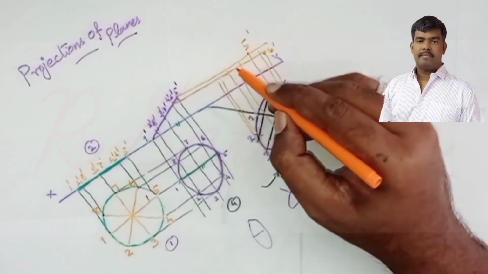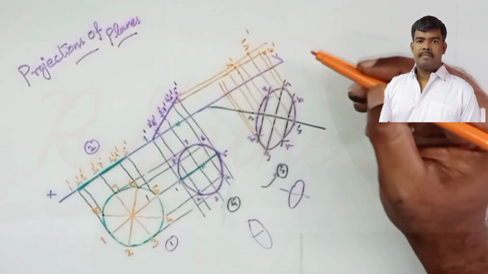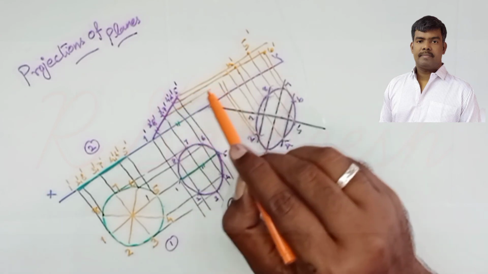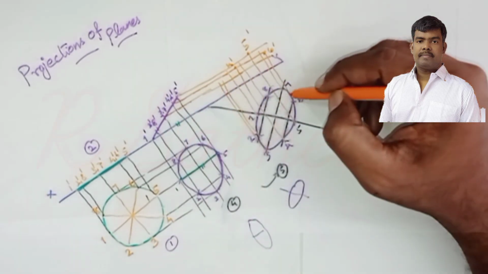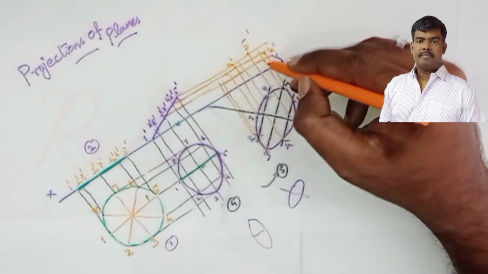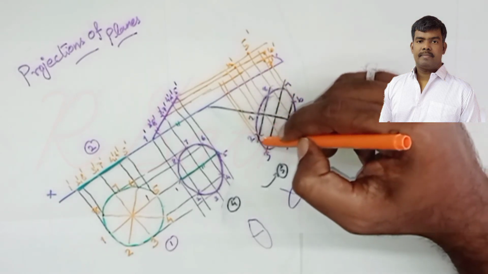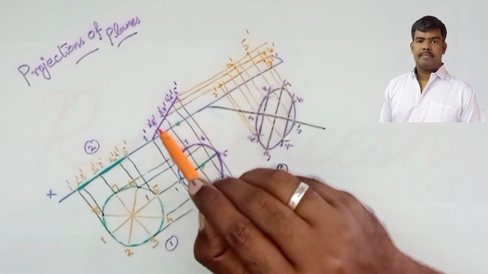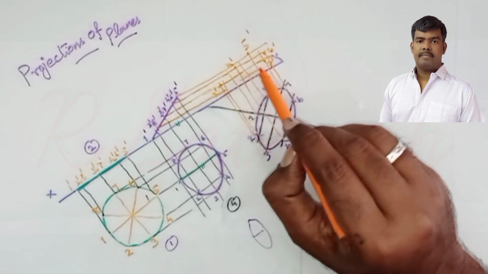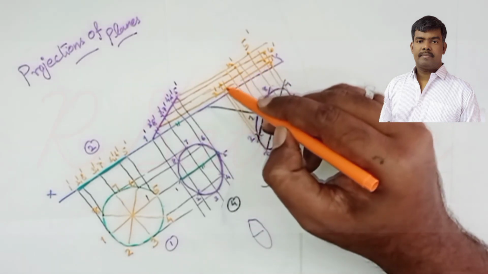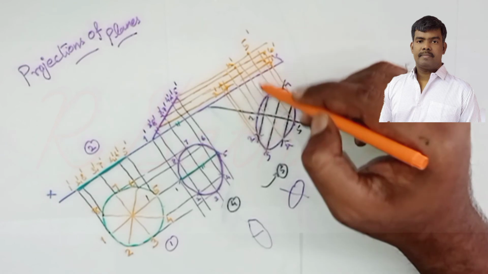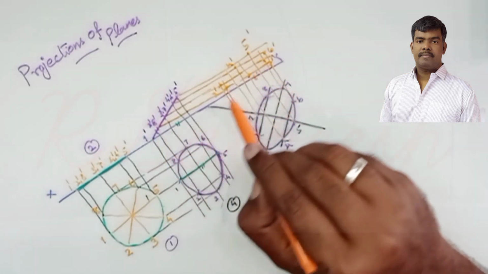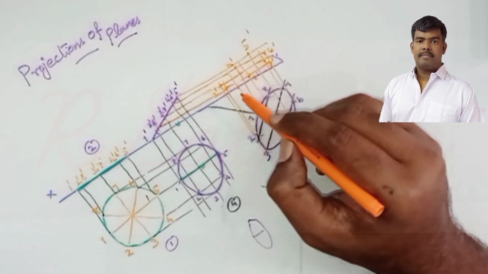Now this is 4, this is 4 dash. Next 3 and 7. So this one is 7, last one is 3. So 3 dash. Next 2 and 8. So this one is 2, 2 versus 2, 8 versus 8. This one is 8 dash. And finally 1 versus 1. It completely lies on XY.